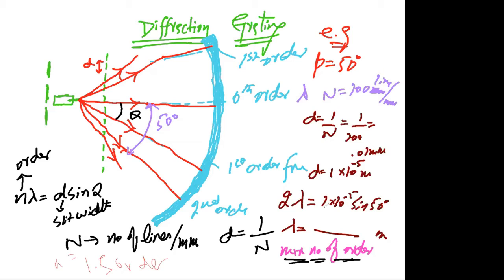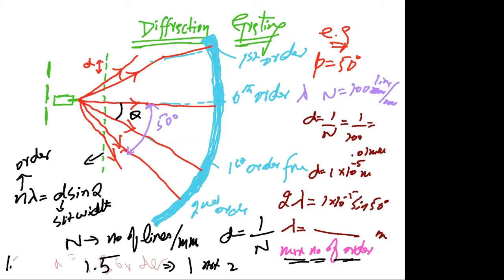Actually, if you have 1.5 order, it means that for completing the second order, it is moving over here, this side. Got it? So that's why we take 1 instead of 1.5. We will take 1, not 2.